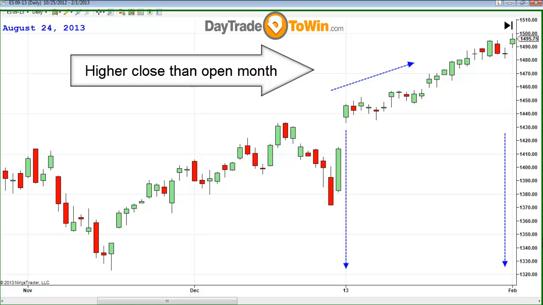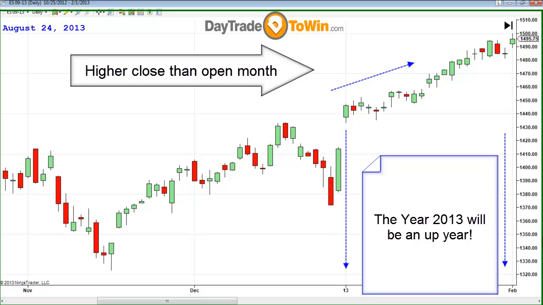If the answer is yes, then you can expect, moving forward just for this year, that the market will move continually higher.